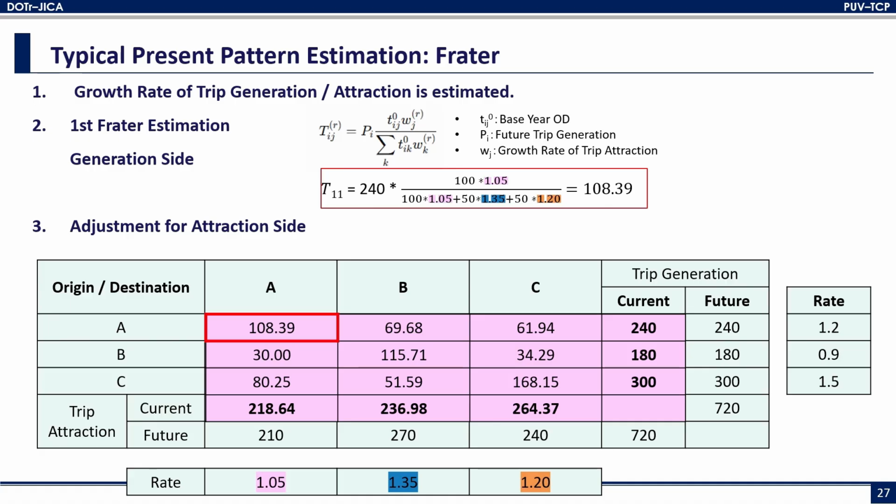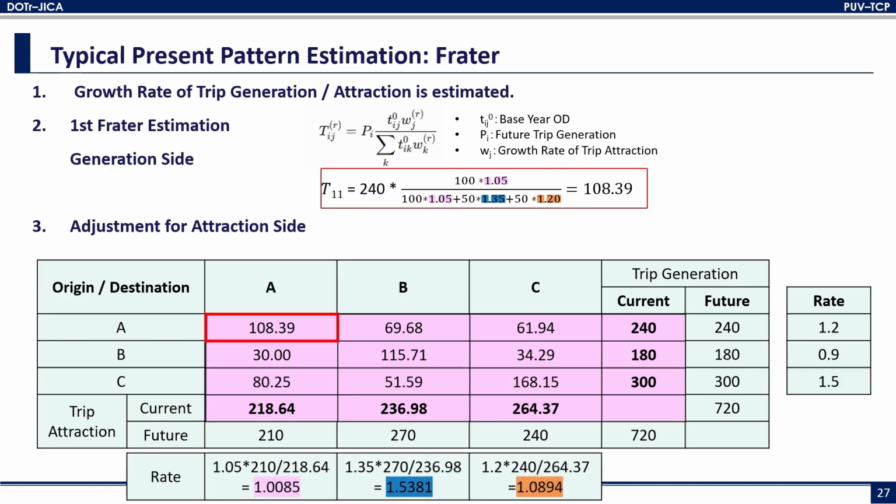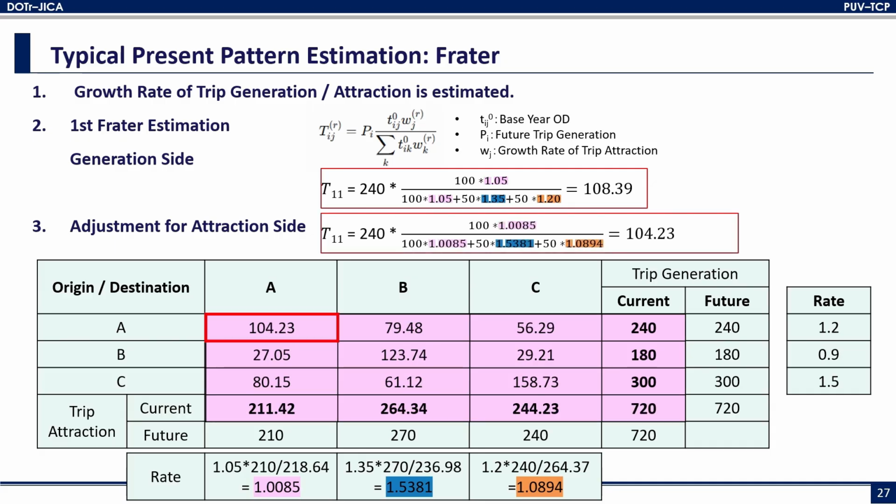From these gaps, the adjustment ratio, called the growth ratio, will be adjusted according to this formula. Then the adjustment of the future trip distributions will be tried again according to the updated adjustment ratio of the trip attractions.